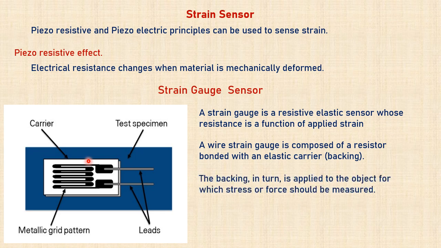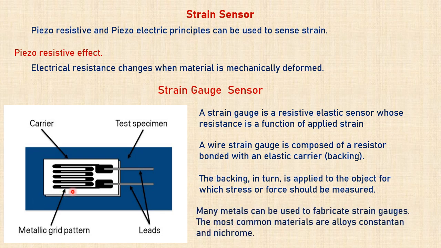The backing in turn is applied to the object for which stress or force should be measured. We are calling it in this figure as specimen. So we have this resistor bonded with backing. Now this in turn is applied to the specimen.